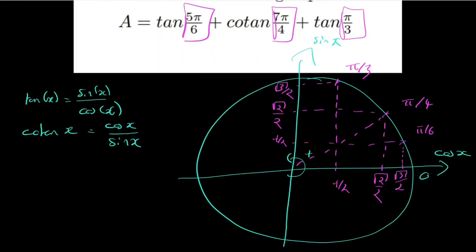We've got pi over 6 here, we've got 6 pi over 6 here, and 5 pi over 6 here. And we can see that in 5 pi over 6, we've got the exact same value as in pi over 6 for the sinus, which is 1/2. So sinus of 5 pi over 6 is also equal to 1/2.